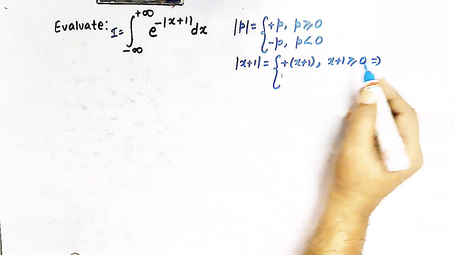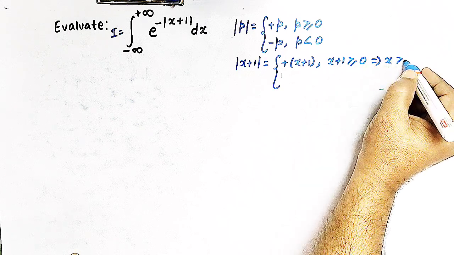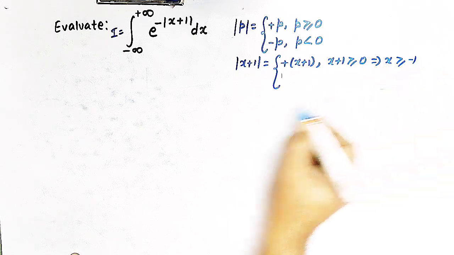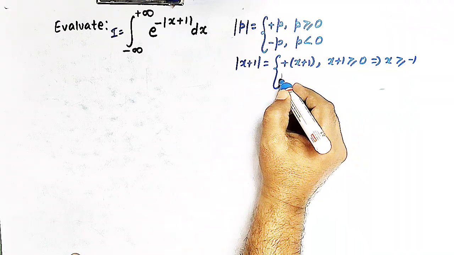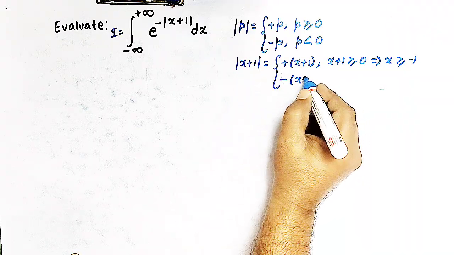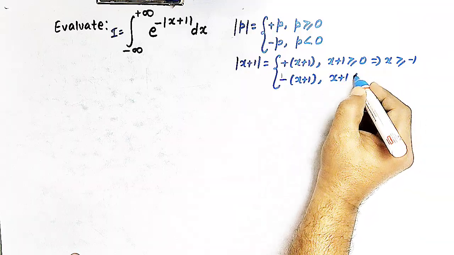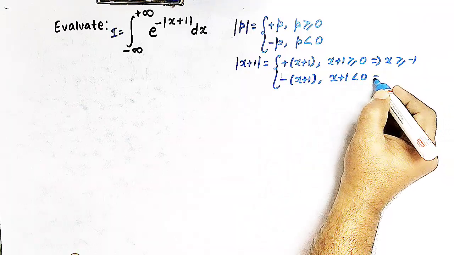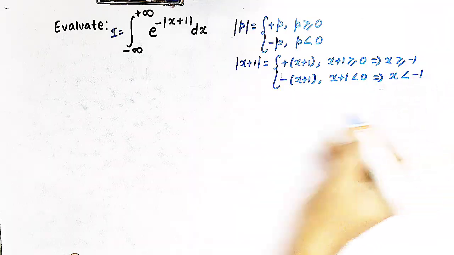So from this inequality we have x greater than or equal to negative 1, and mod of x plus 1 is equal to negative of x plus 1 when x plus 1 is less than 0. So we have x less than minus 1.